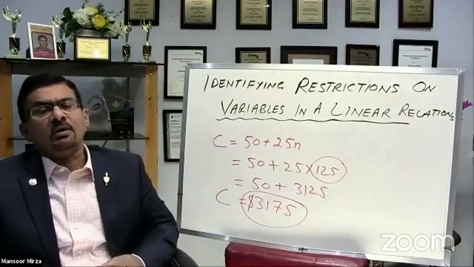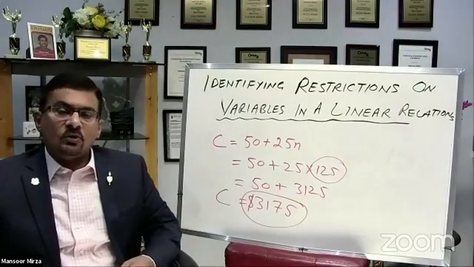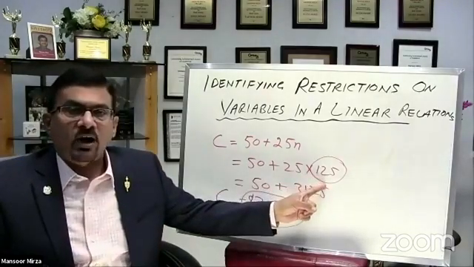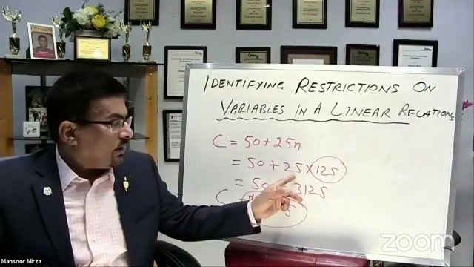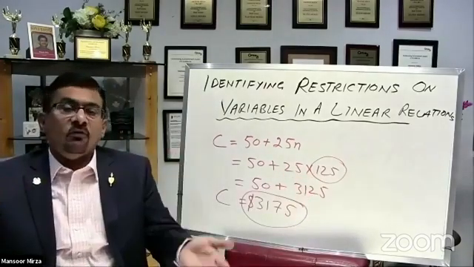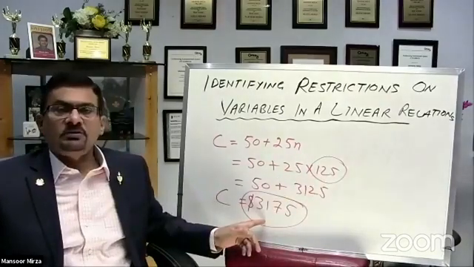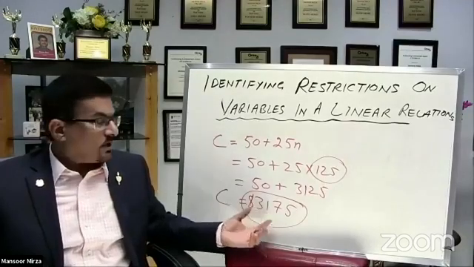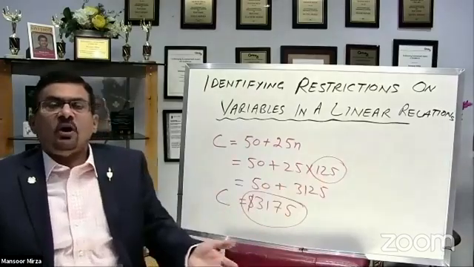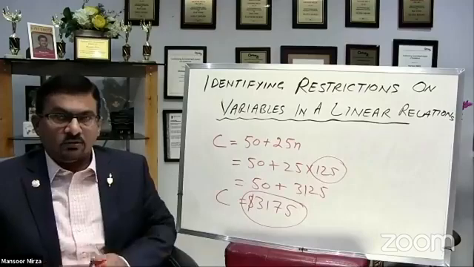And in this banquet hall example, it is 50 to start with, and then $25 for each person, and the maximum capacity of the hall is 125 people. So now when we put 125, our maximum number is 3175. This is the total cost that cannot go more than this, and the number of people cannot go more than this. This is how we put a restriction on the higher end and on the lower end in any particular situation.